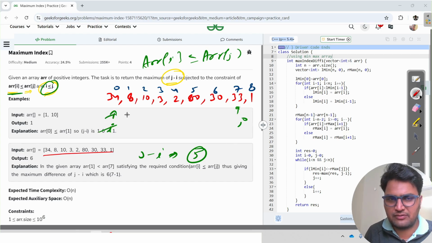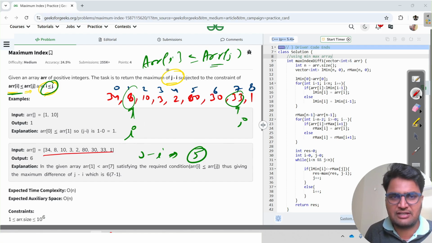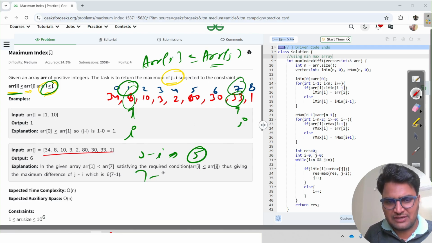What we can do is move i over here. Now ARR of i is 8, and ARR of j is 33, so this condition is fulfilled, and here i is 1 and j is 7, so 7 minus 1, that is 6.